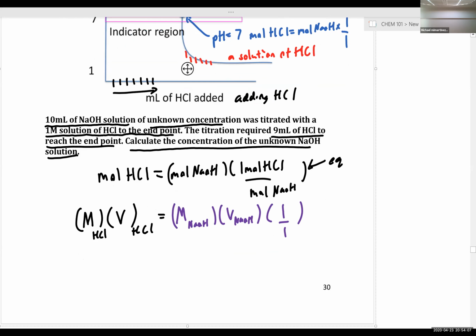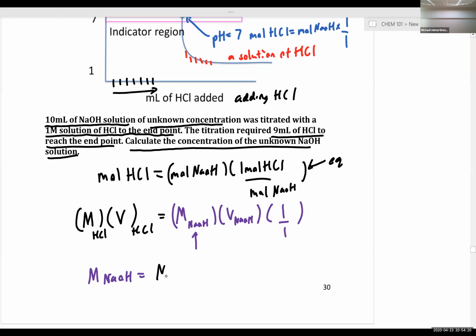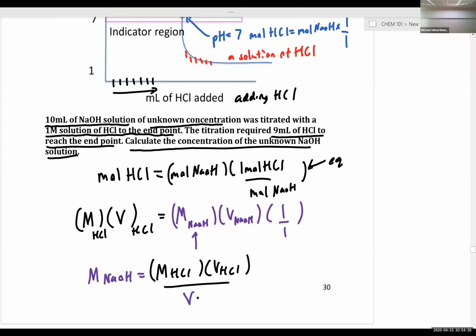Okay, we're now going to rearrange this equation to solve for the molarity of our sodium hydroxide, and we get the molarity of our sodium hydroxide is equal to the molarity of our HCl solution times the volume of our HCl solution divided by the volume of our sodium hydroxide solution times 1/1. May seem redundant, but this stoichiometric ratio is going to come up a lot later.